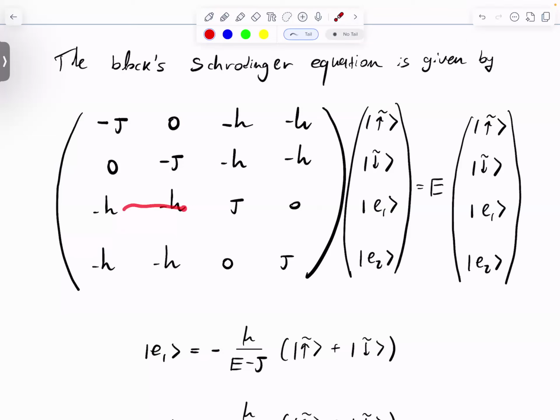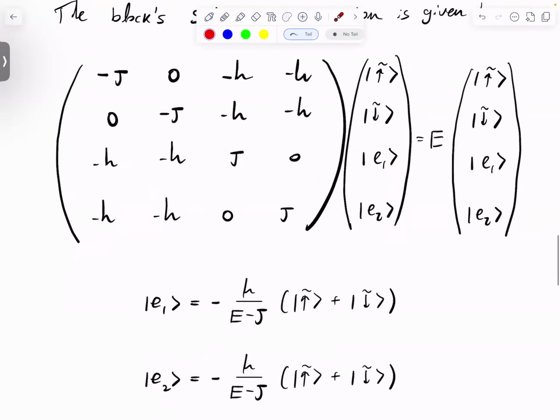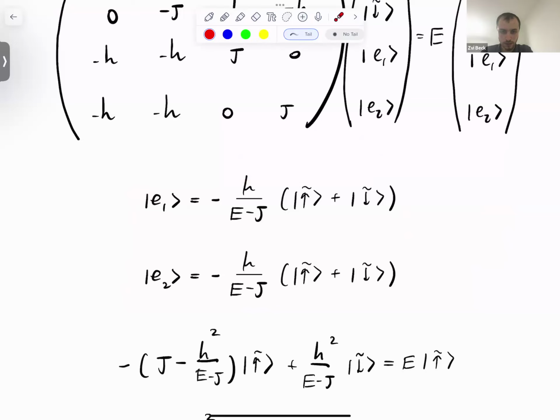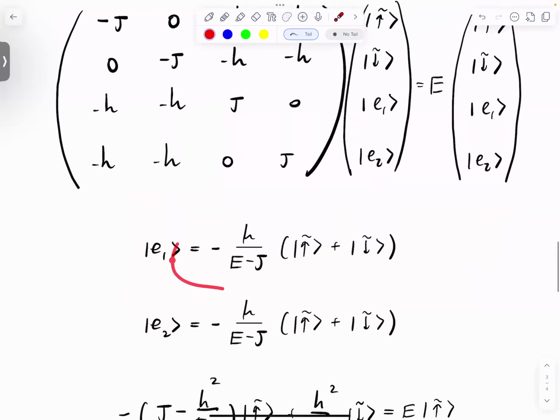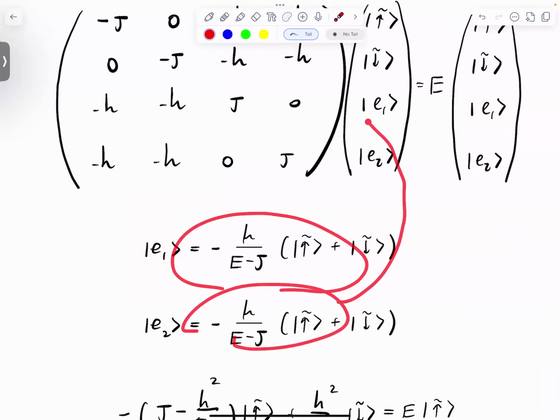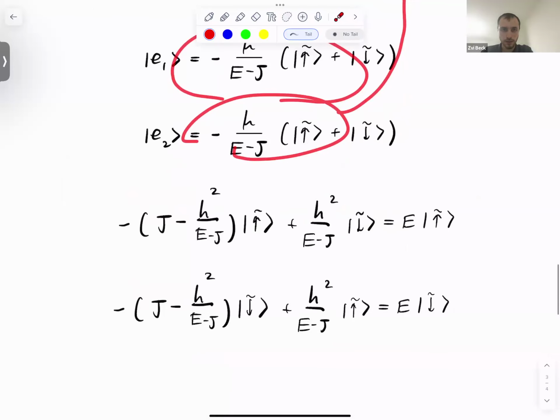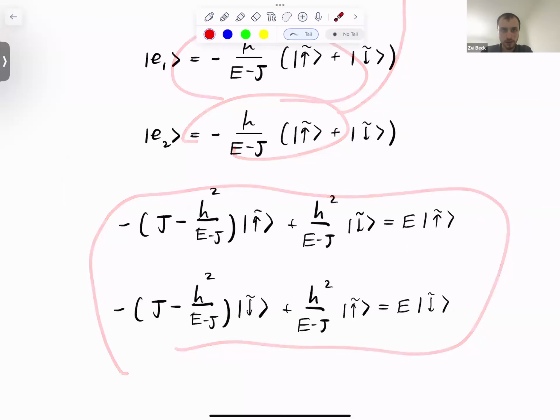So imagine that I take these two rows, multiplying this equals that, and I isolate E1 and E2. Then I get these two equations. Then I take these and plug them into these two equations, and then I subtract, and you get this. Okay, good.